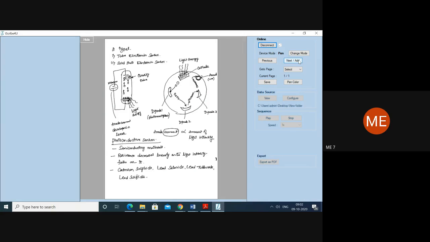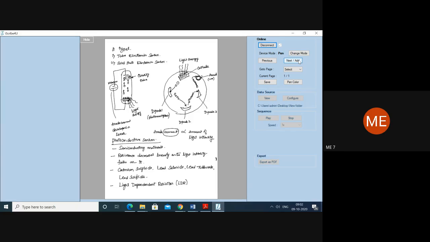Now these photoconductive sensors are also referred to as light dependent resistors.